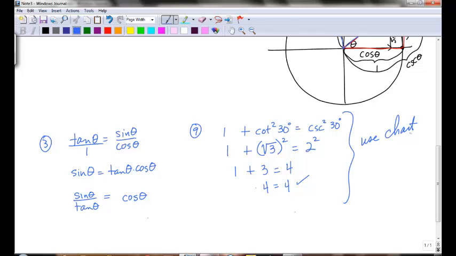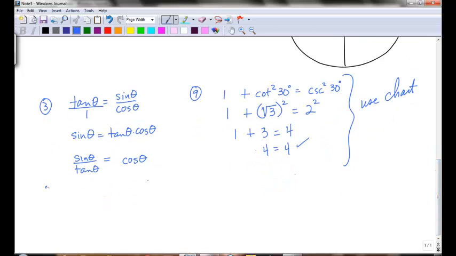On number 29, look at that for a minute. 29, same thing, verify each identity, use your chart. It says the sine of 45 times the cotangent of 45 equals the cosine of 45.